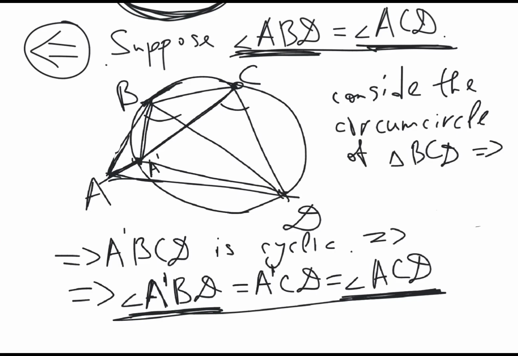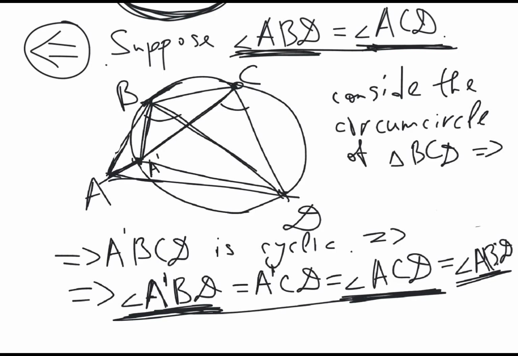Or we can continue here, because of the original condition, right? This should be equal to ABD. So we look at this and at this. A prime BD is equal to ABD. So look at the picture.